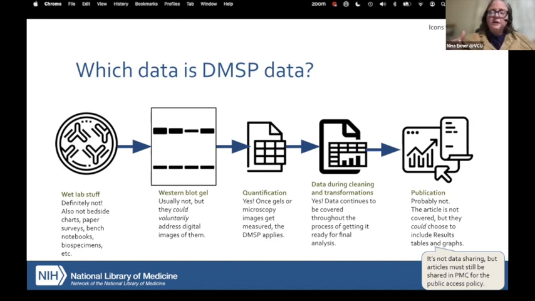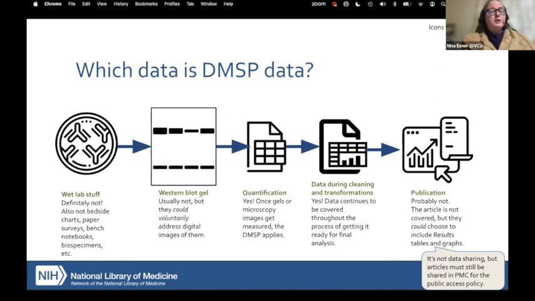They could voluntarily address digital images and sharing digitized images. And that's something we're seeing in journal articles more, even though it's not part of the DMSP. So if they're going to digitize them for the journal anyway, they may want to include it in their DMS plan. It's not required though, so it's in a fuzzy zone.